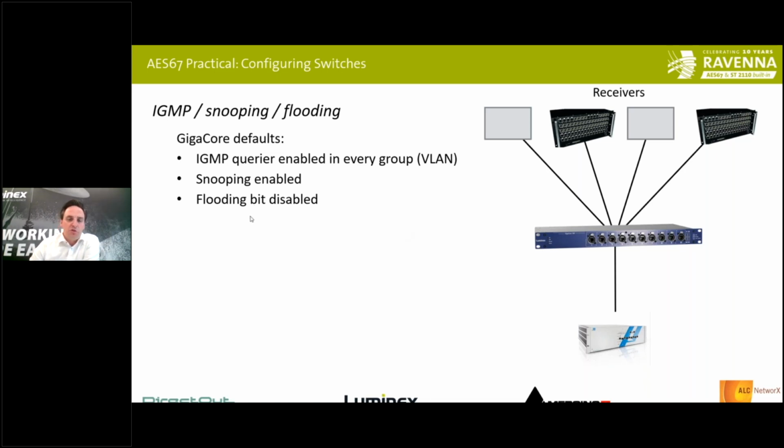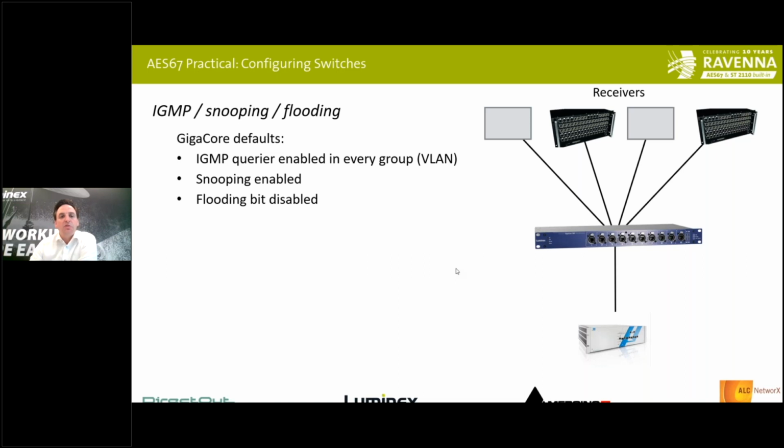I will also briefly show where our flooding bit setting is in our switch, because as we said, if the switch does not participate in the IGMP query mechanism, the switch actually behaves like a broadcast device. So if a packet arrives and it does not know where the multicast traffic needs to go, it will forward it to every single port on the switch.